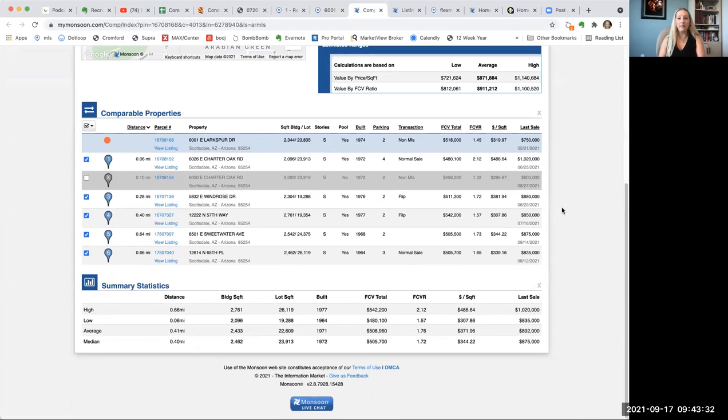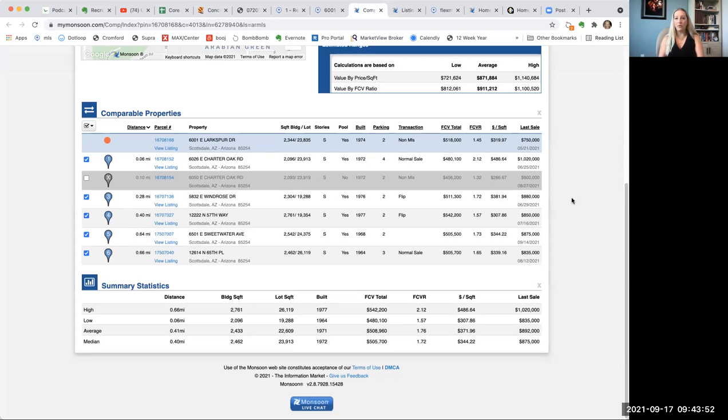For right now, just for the sake of time, I'm not going to look at every single listing and remove them out, but I just wanted to give you guys an idea of how you can compare the pictures on both sets of listings to determine, is it really a property that is comparable, or maybe they're too far apart in size, style, condition, whatnot to be included.